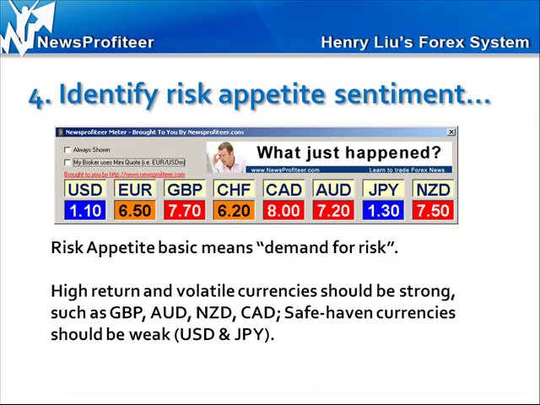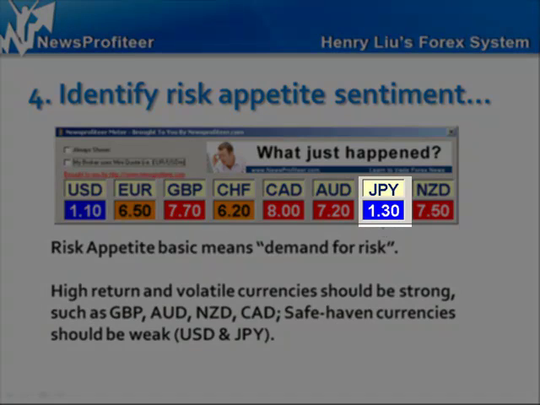Moving on. The fourth way of identifying is to identify a risk appetite sentiment. Risk appetite basically means demand for risk. And what is risk? Risk is associated with return. So when you have more volatility and more return, that's what you want. So it's basically a complete reversal.